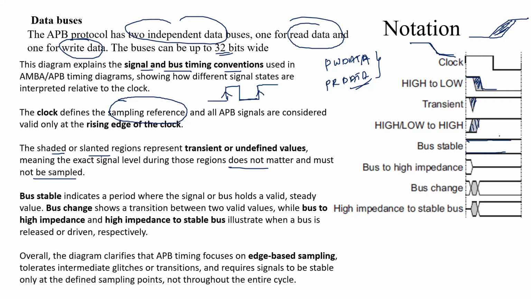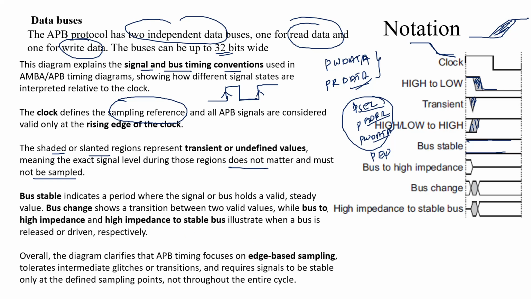During PSEL equal to 1, PADDR should be stable and PWDATA should be stable. Whenever PENABLE equals 1, we need to keep all these signals stable, like PSEL, PADDR, PWDATA. Then only will we transfer the data.